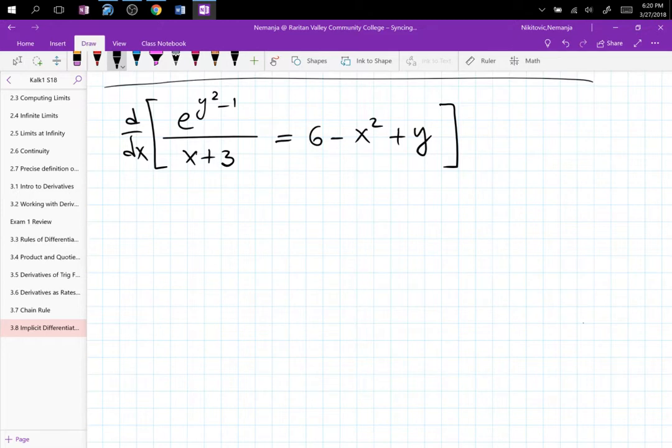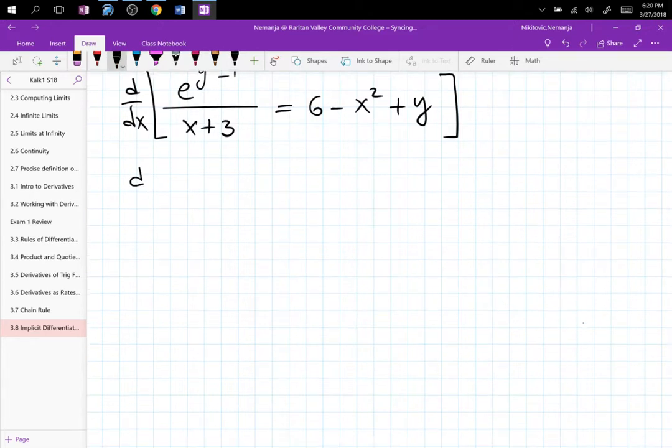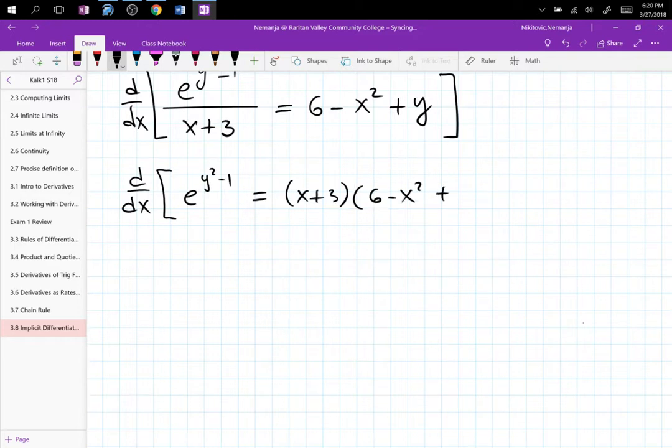All right, let's take a look at this. So, yes, you can do quotient rule, but then you can also cross multiply and reduce the problem. So now we have e to the y squared minus 1 is equal to x plus 3 times 6 minus x squared plus y.